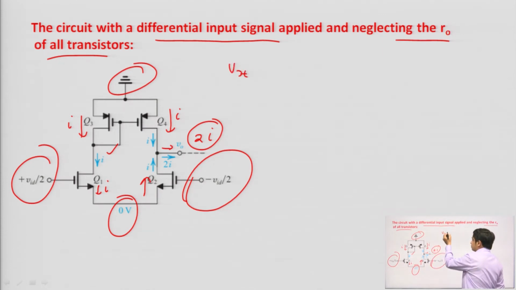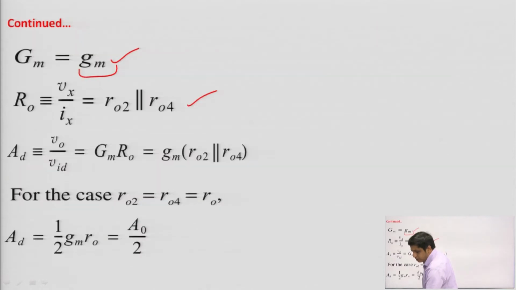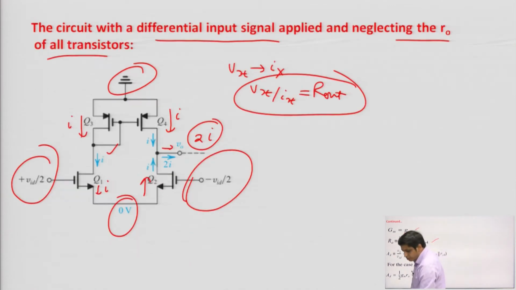We will assume that due to Vx the current flowing is Ix, then at that node we can calculate Vx upon Ix, and this will be your output resistance R out, just by doing some network analysis, fine. So, after calculation we get RO2 parallel to RO4. RO2 is the output resistance of Q2 transistor, RO4 is the output resistance of Q4 transistor.